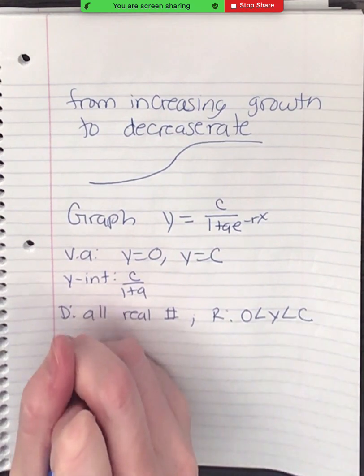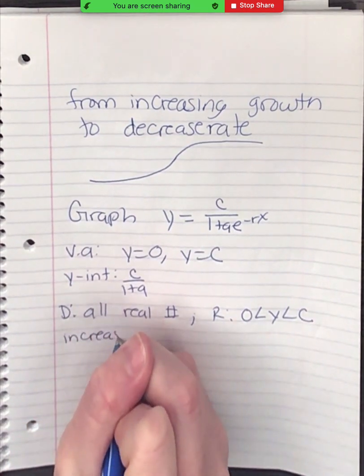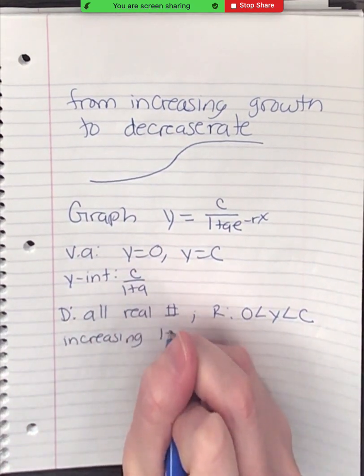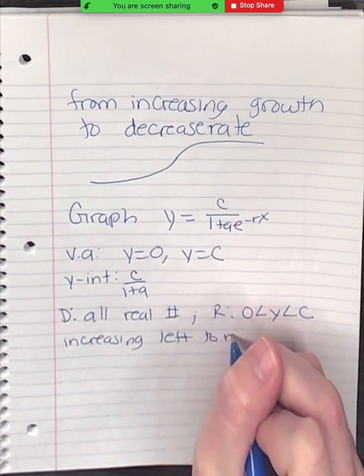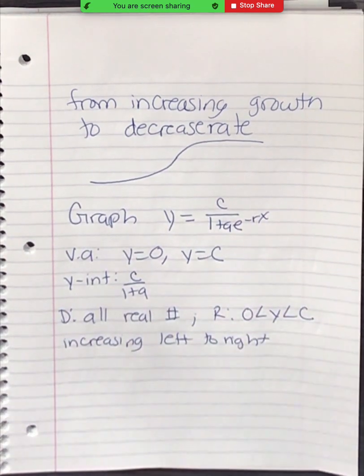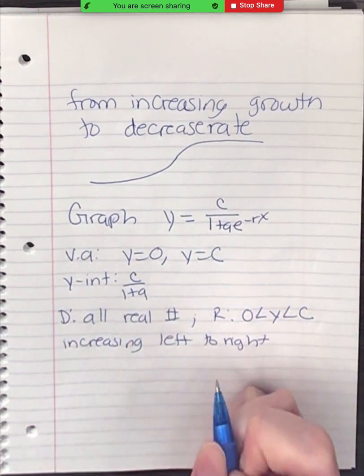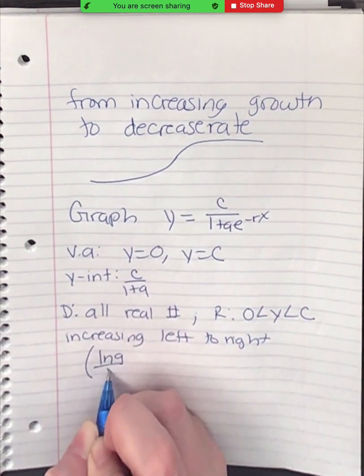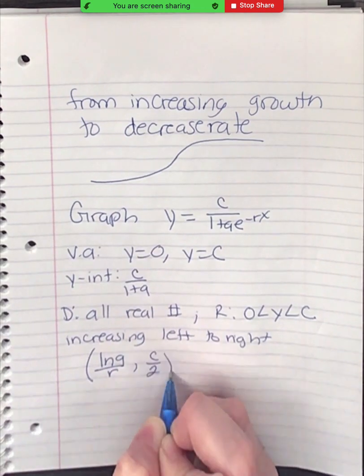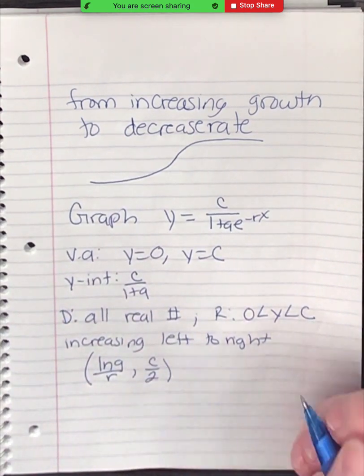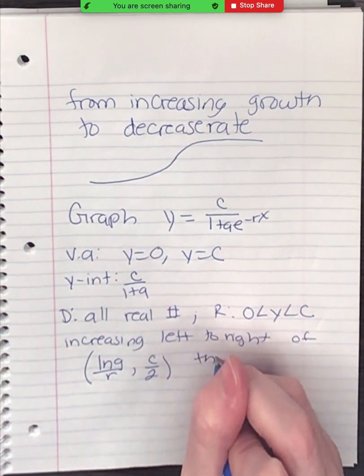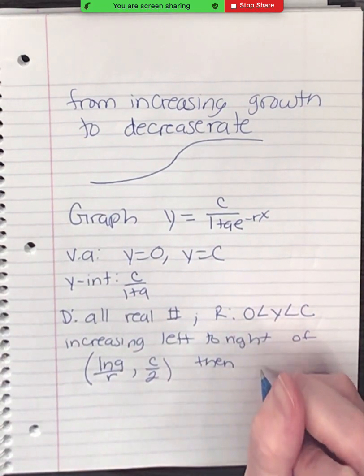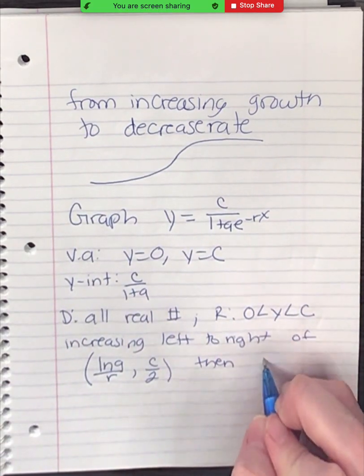And it's increasing from left to right until you get to the point natural log of a over r, c over 2. Then it turns to a decreasing function.